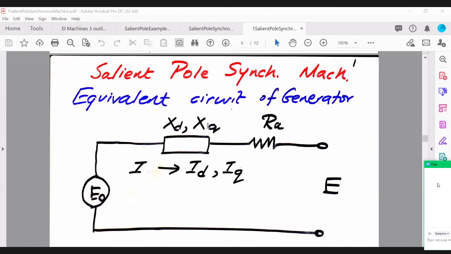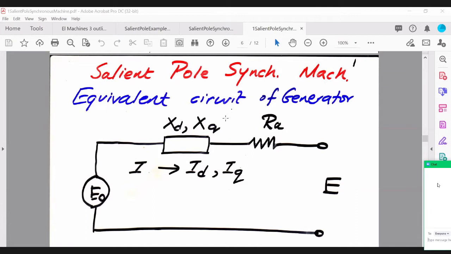Along the pole axis you get a certain reluctance, and in the interpole region a different reluctance, so the armature reaction differs and the reactance of each axis is different. That's why we separate the two reactances, one for the d-axis and one for the q-axis.